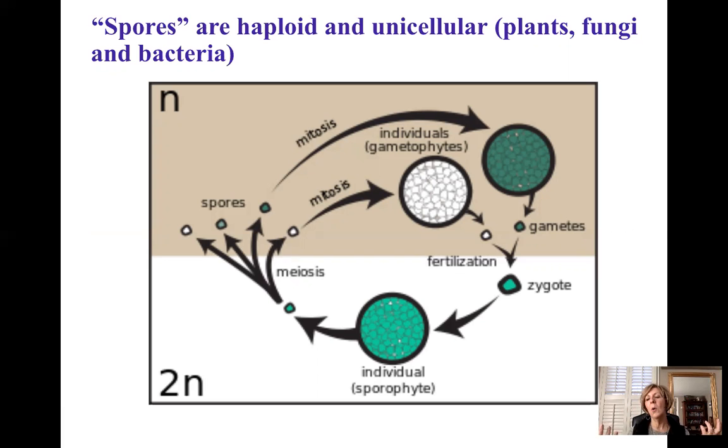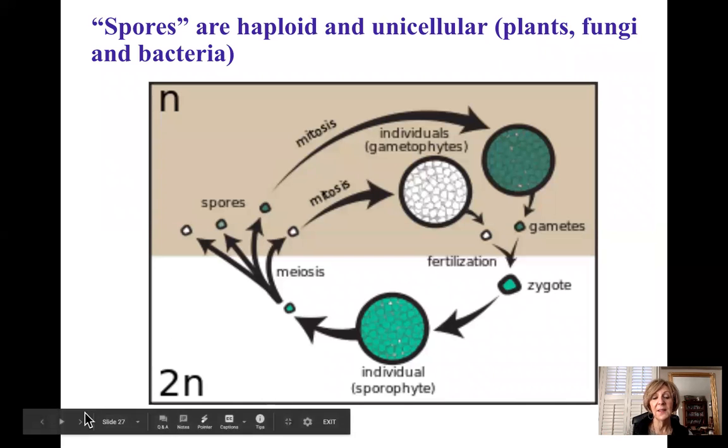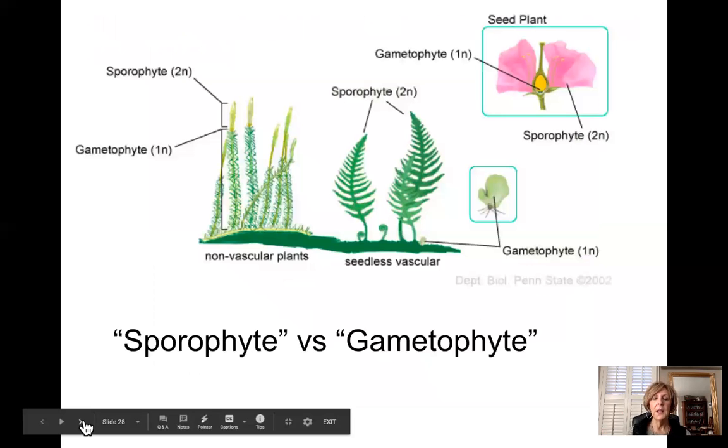So you might know about fungal spores or fern spores. A spore is actually an N cell that goes through mitosis. All right, and so that's different for us. It's very different, but that's the way that plants do that.